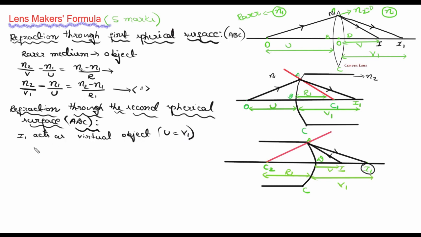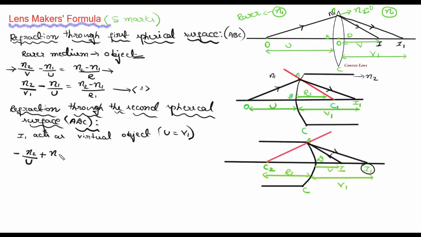Now another thing here is, this is the case when the object is in rarer medium and the image formed is in denser medium. But here the object is in denser medium and the image formed is in rarer medium. So the general equation, if you take this equation, the reverse equation gives you the reverse case, which means N2 divided by, instead of V, take U with a negative sign, and here you have negative, make it positive.